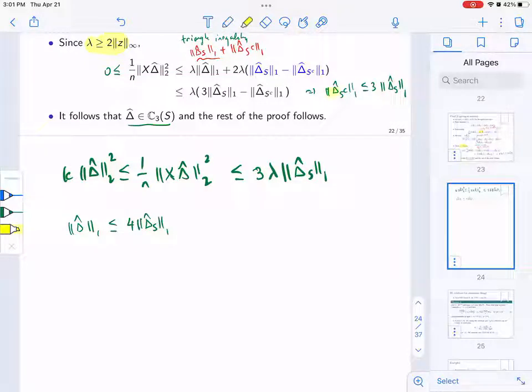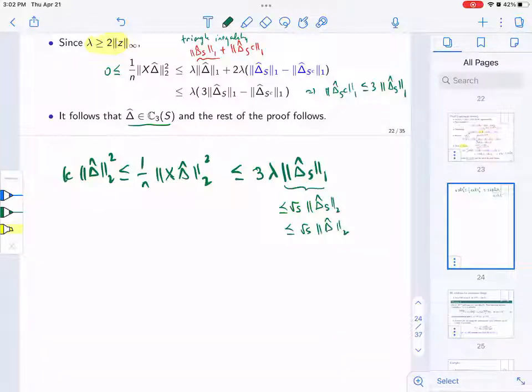Because of this condition. You split into 2 parts, and the bad part is controlled by this. So that means that actually I don't need that. I don't need this. So I already have the good part here, right? So this is just bounded by root S delta hat S2, which is further bounded by root S delta hat 2.